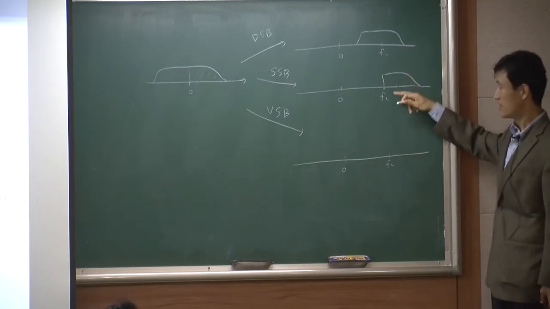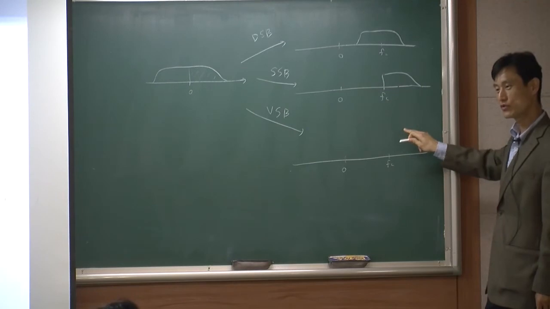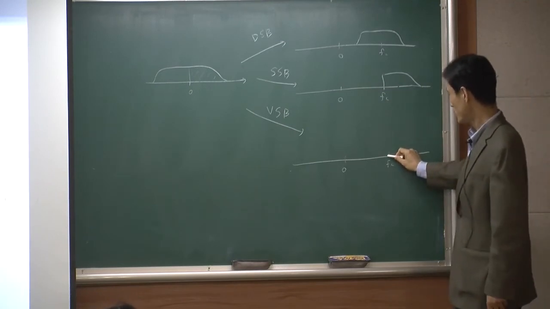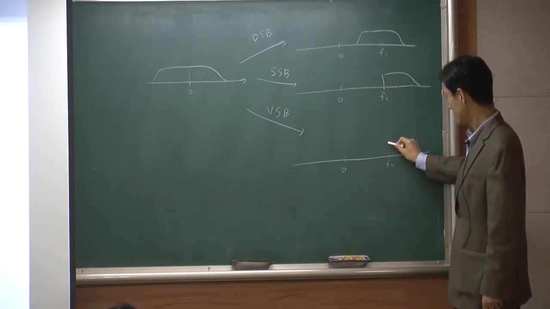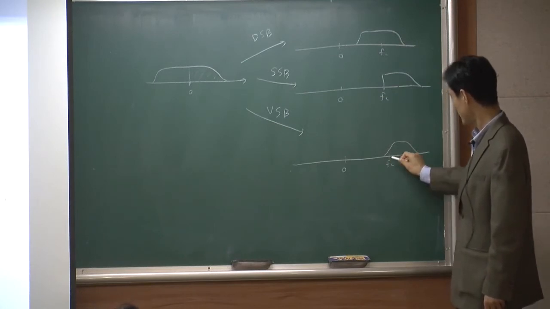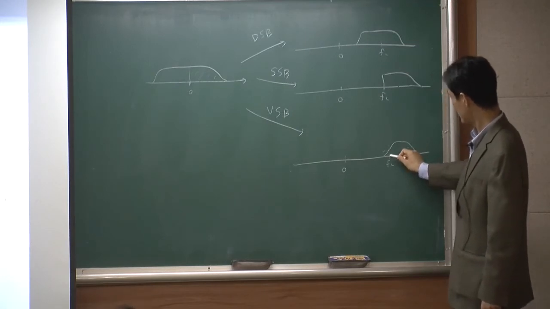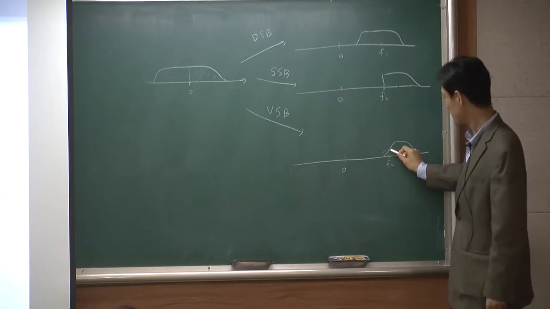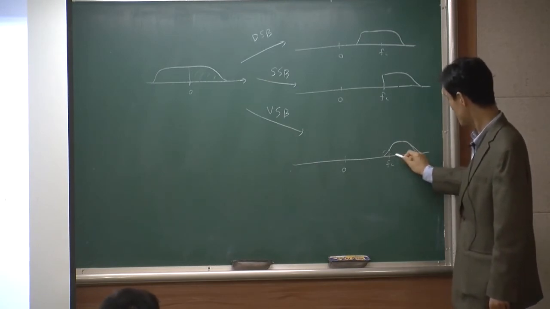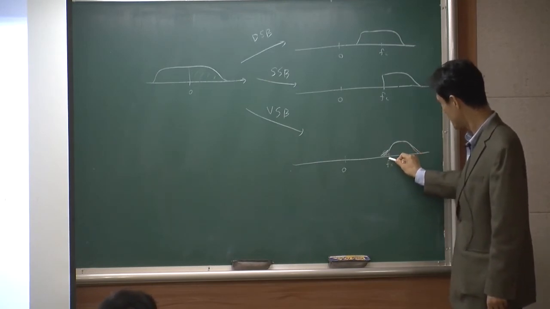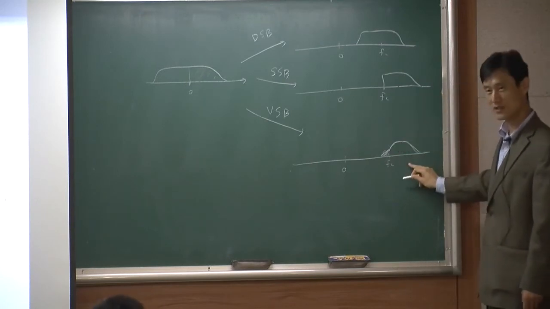That's the difference, right? In VSB, you are using like 90% of your upper sideband and maybe 10% of the lower band. So they use both bands, but most of the signal goes to this, and some signal goes here. That's what they do as a VSB.